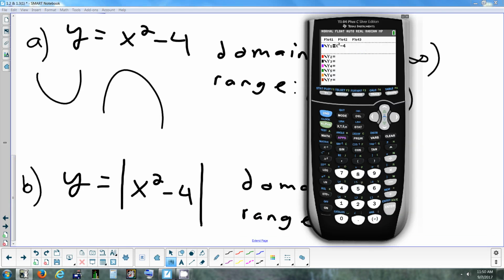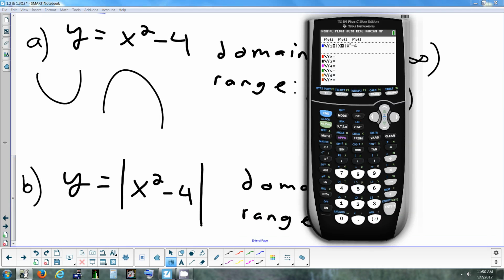So what I'm going to do to insert an absolute value is I'm going to press second, insert. If I didn't do that, it's going to wipe out what I already have there. This might not even work, but I'm going to try it. I'm going to press math, and then I'm going to go to number. And the first option under number is ABS. That's absolute value. Now I have to type it in again anyway.